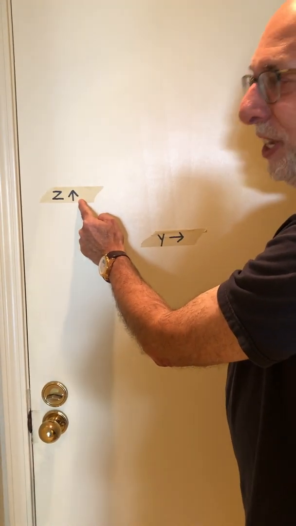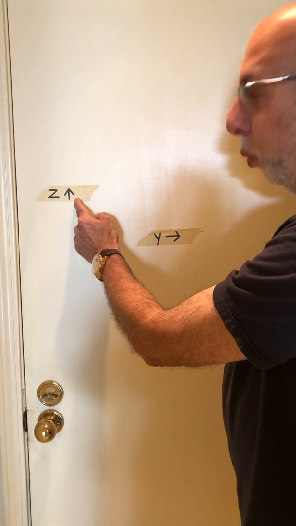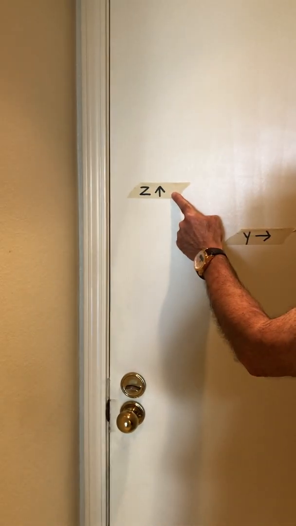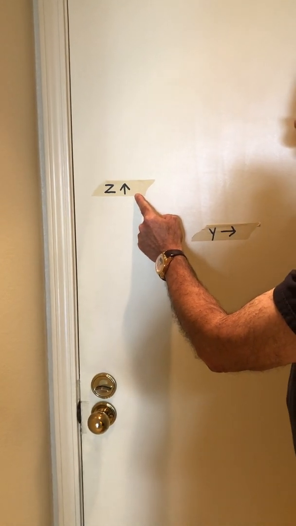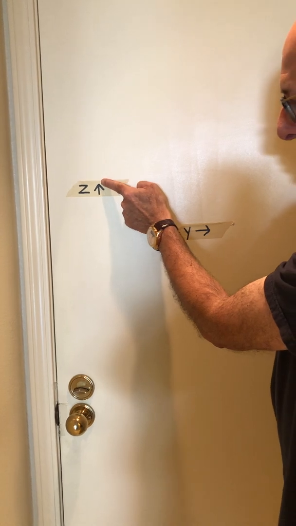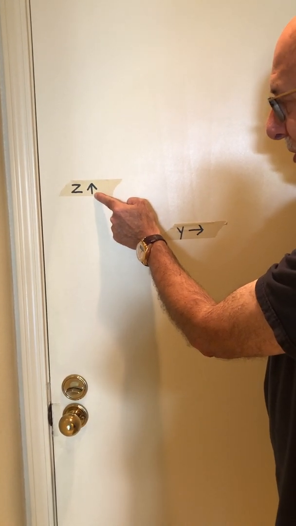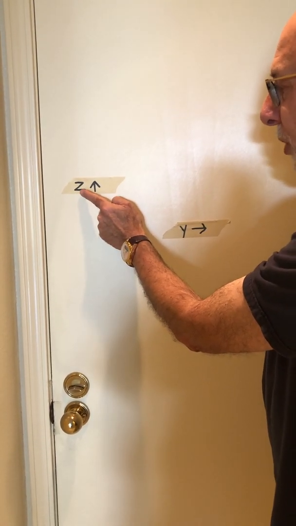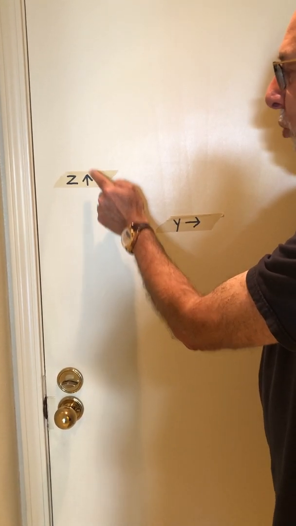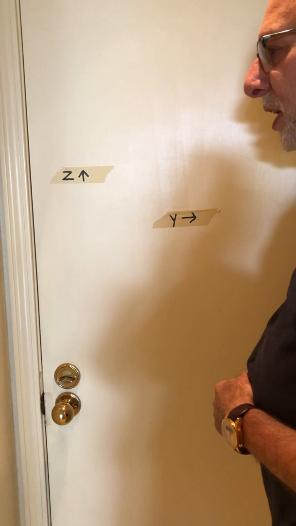Suppose I'm on the z-axis. Well, y is 0 and x is 0. So on the z-axis, suppose I'm going up 20 units right here. My coordinate would be 0 for x, comma, 0 for y, comma, 20 for z.